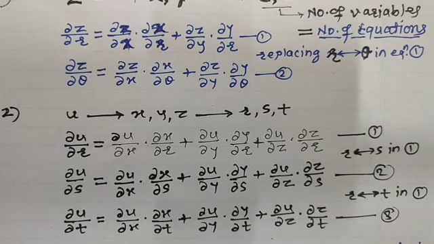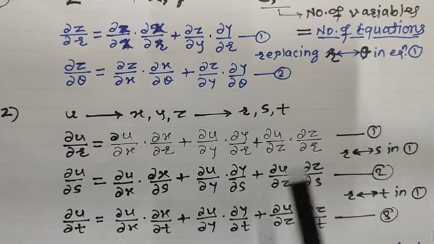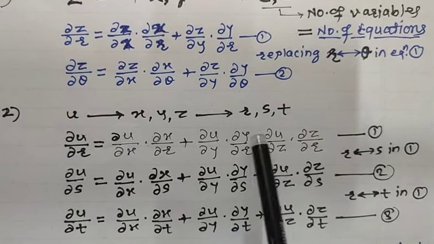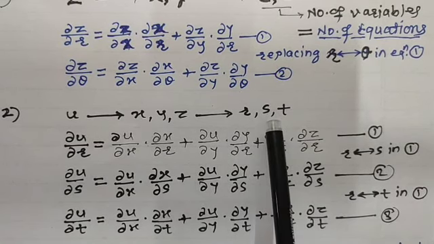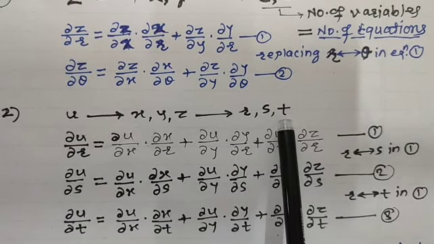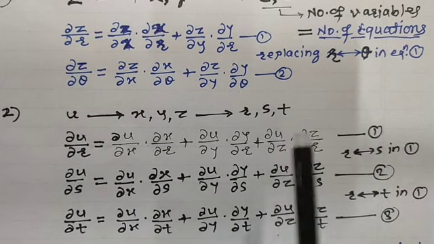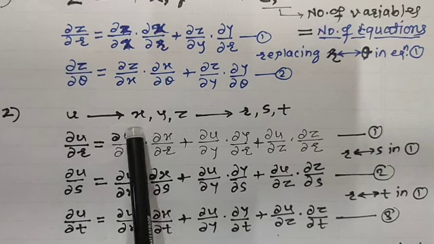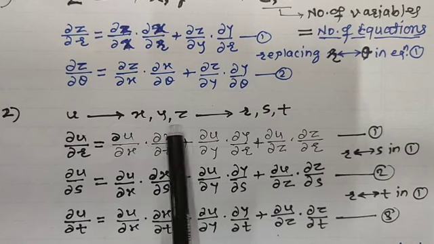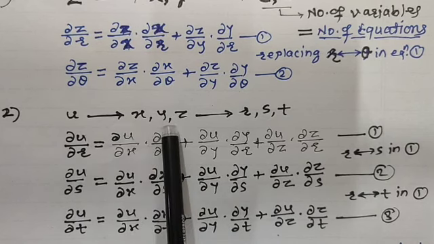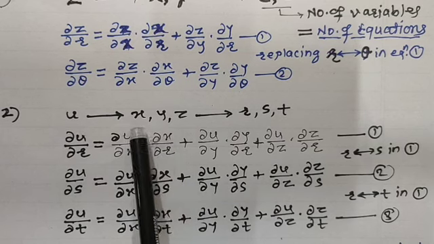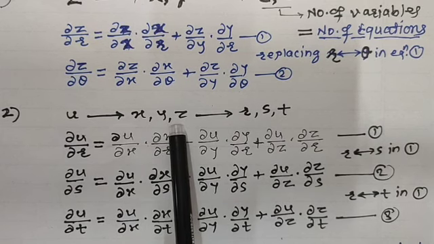Now from the first chain rule it is clear that the number of variables appearing here gives the number of equations, and the number of terms in each equation depends upon the number of variables appearing here. There are three variables, so each equation contains three terms.